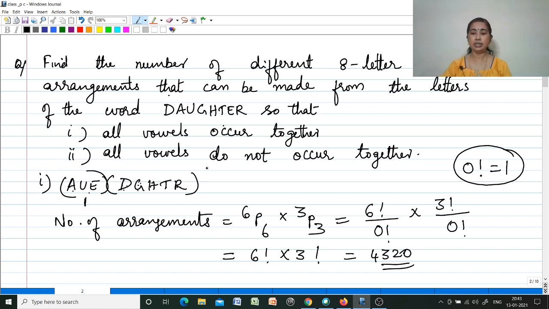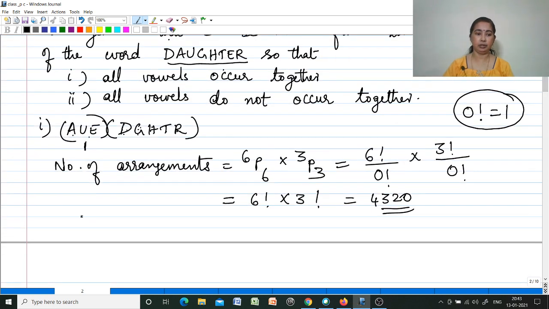Now all vowels do not occur together. How can we find out the cases where all the vowels are not occurring together? From the total arrangement, how can you find out the total arrangement?